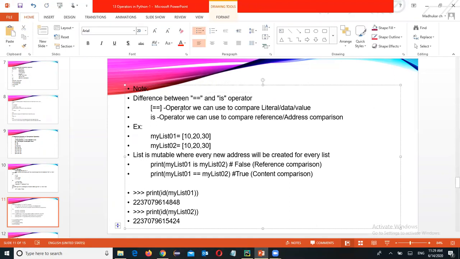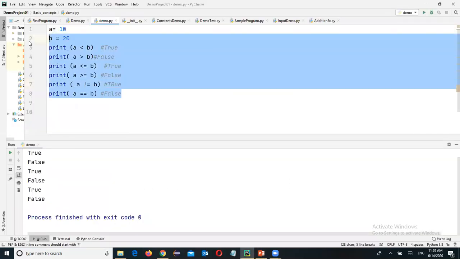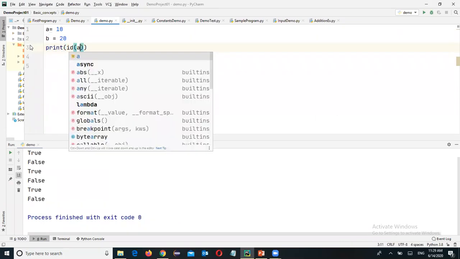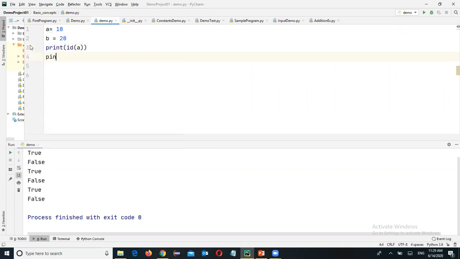The double equal to operator can be used to compare the data, whereas the is operator just compares the memory address reference. Look, print id of a, print id of b.